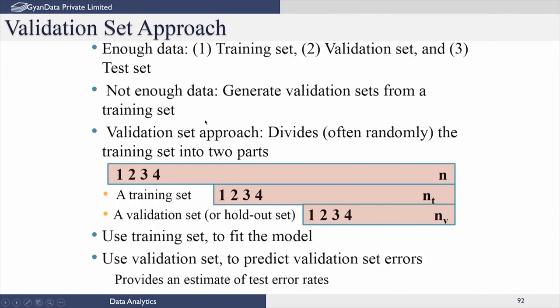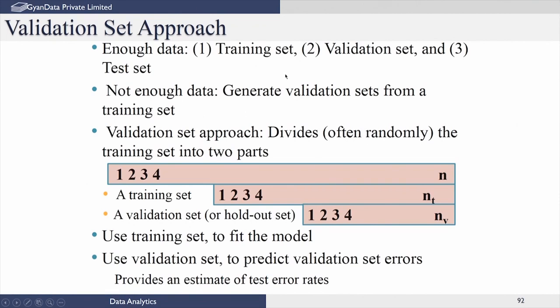If you have a large amount of samples, you can divide it into a training set and a validation set for finding the optimal number of parameters, and finally, if you want to assess how good your optimal model is, you can run it on a test set. So, typically you divide the data set into three parts: the training set, the validation set, which you use for finding the optimal number of parameters, and finally the test set to see whether the optimal model you have built is good enough. We will not worry about the test set in this particular lecture, we will only worry about the validation set.